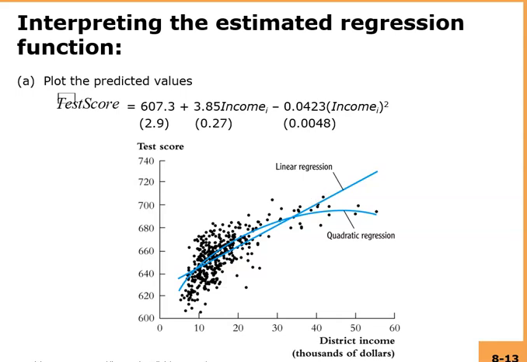All of these coefficients are what we got from the previous slide, and the terms in the brackets are the standard errors. If we were simply not including the quadratic term, the income square, and we plotted a linear regression function, this is the line of best fit we would have got.